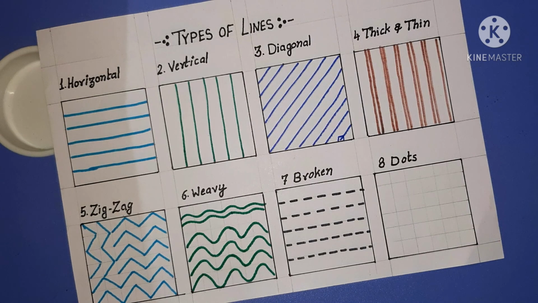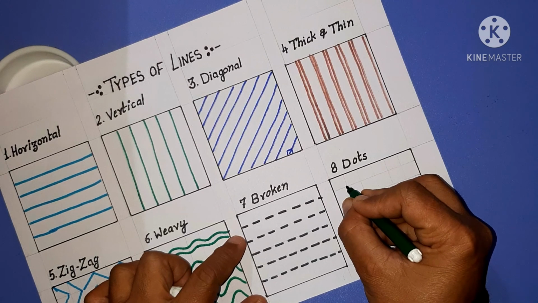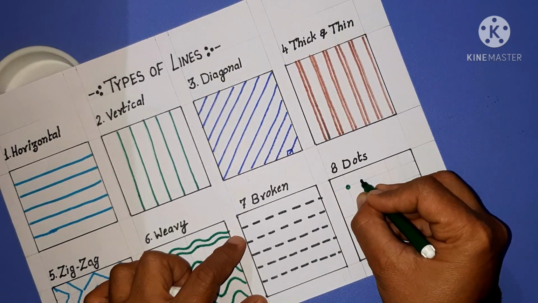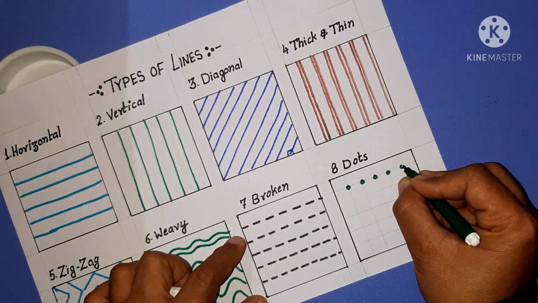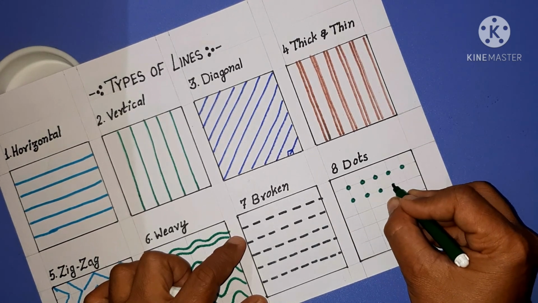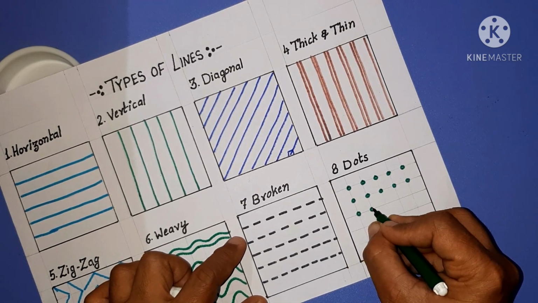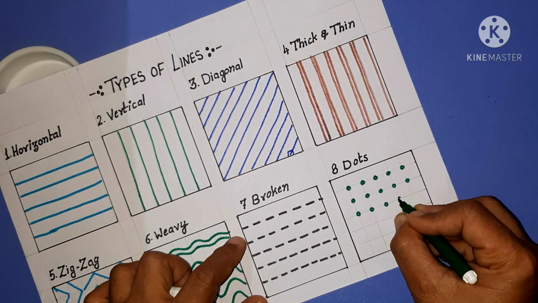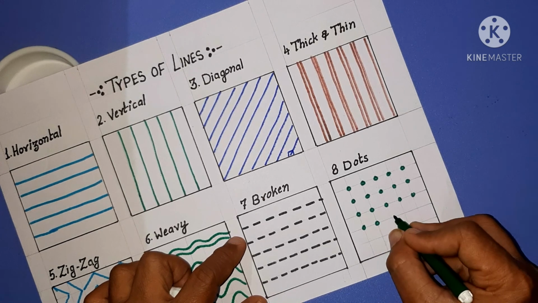Now we'll see the next one, which is dots. Dots are something that actually refers to the print. This is a dot. When it comes to print in optical illusion, the size of the print, the difference between the prints, and the color, all these three create the impact.